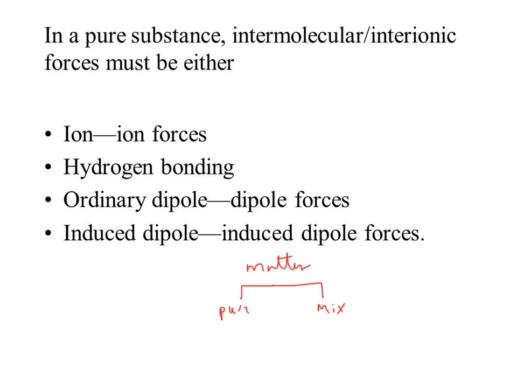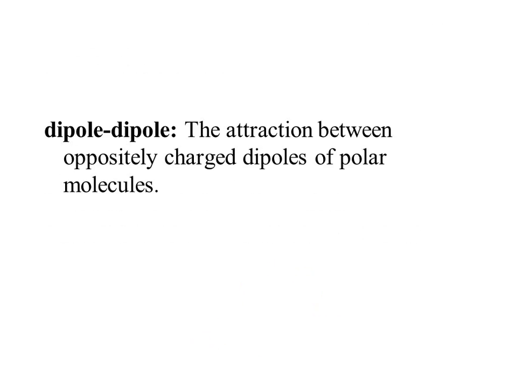This is P-U-R-E right there. And if it's a pure substance, we said it's either an element or a compound. So when we talk about intermolecular bonds in a pure substance, basically that is either a pure substance of an element or a pure substance of one particular compound. But we are going to talk also about mixtures and how particles within a mixture behave.